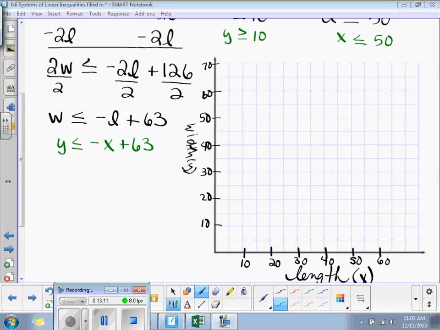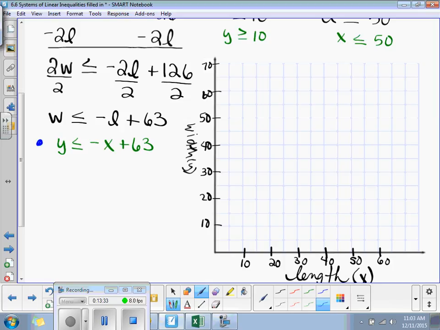All right, so here's our graph. We have the length at x. We're counting by 5s. We have the width for the y's, and we're counting by 5s there also. And now we can put our graph on. So let's start with this one.